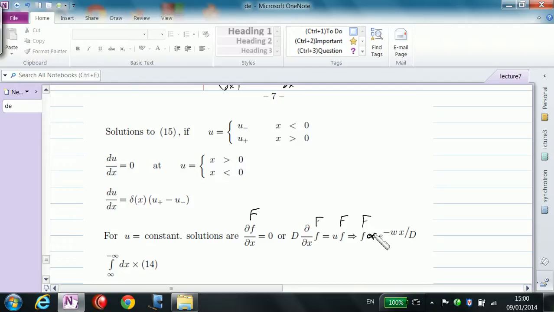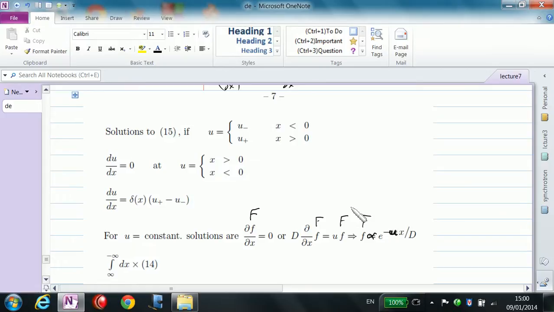But what is omega again? Where's omega? That's w? Oh, this is U. Ah, that's U. Okay. Why do we have the minus sign in the exponent?